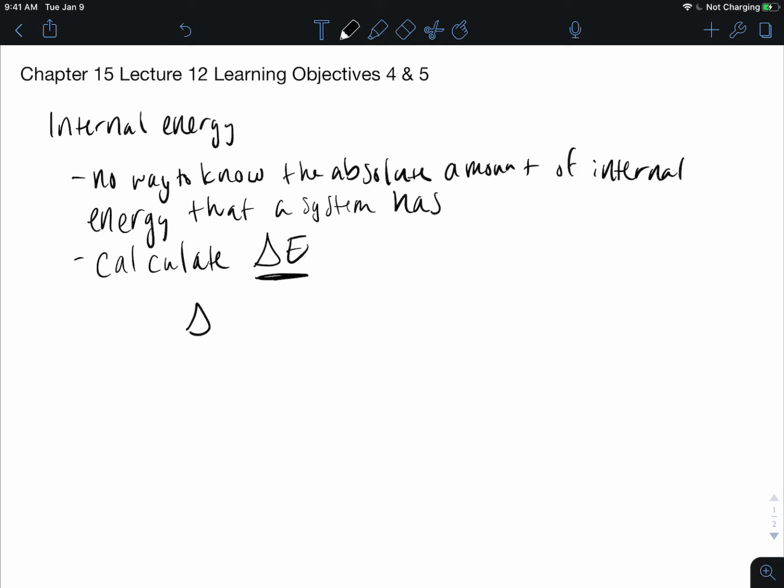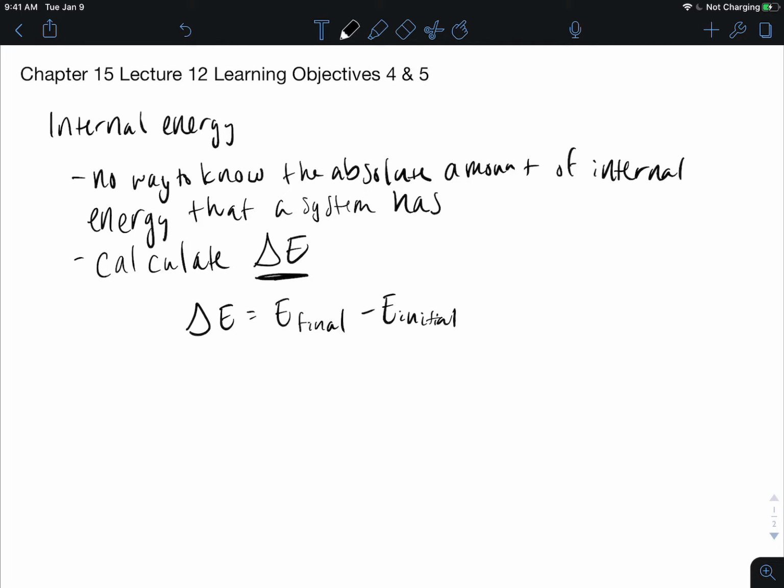So we do our change in energy, E final minus E initial, where these values are going to be coming from, again, that whole idea that our elemental form has an internal energy of 0, even though that's not the actual value, but that's just our reference point.